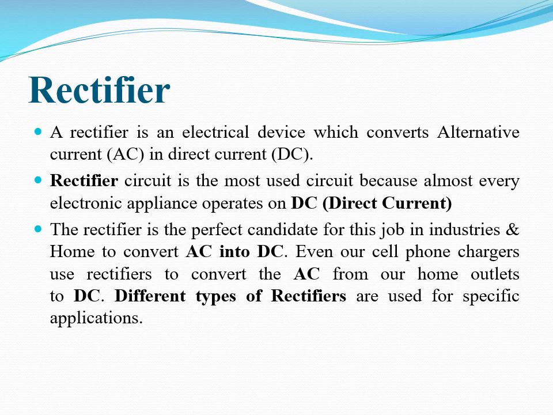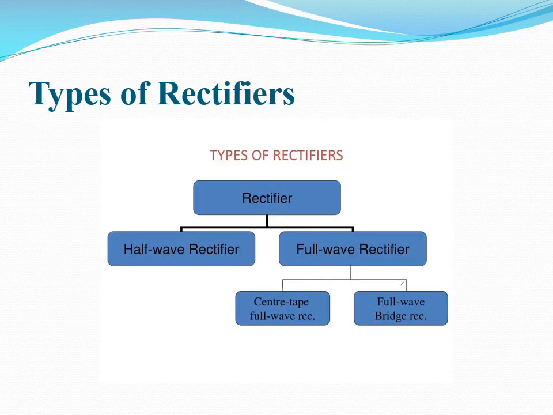The rectifier is the perfect candidate for this job in industries and homes, to convert AC into DC. Even our cell phone chargers use rectifiers to convert AC from our home outlet to DC. Different types of rectifiers are used for specific applications.